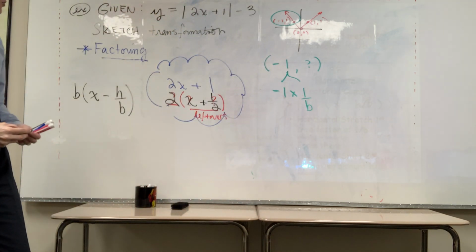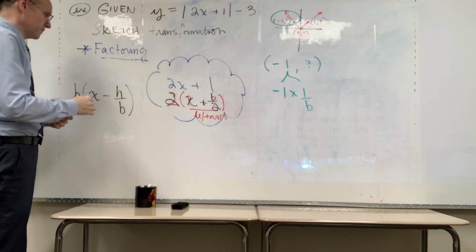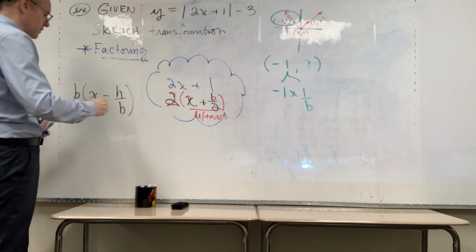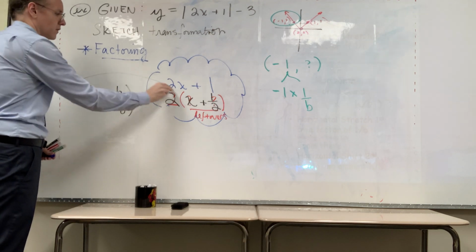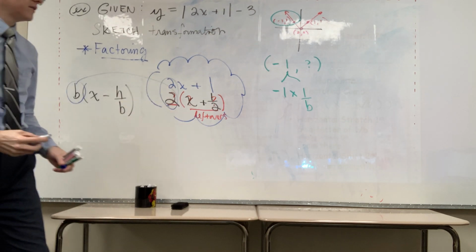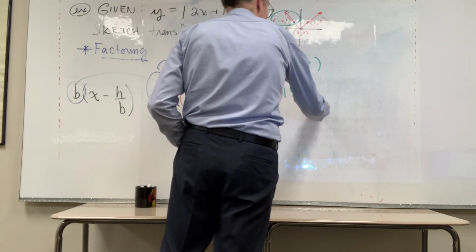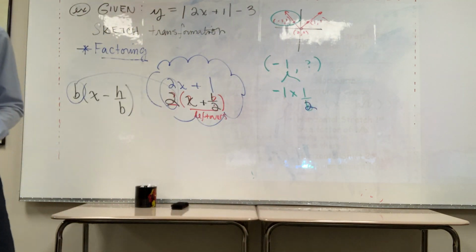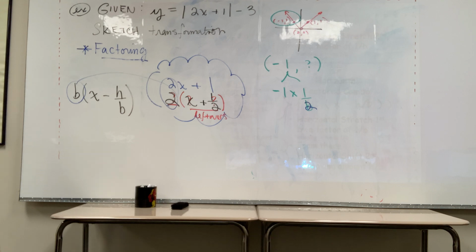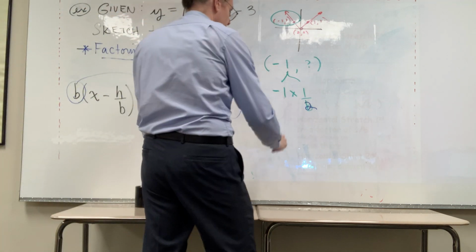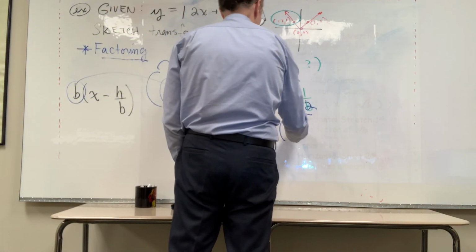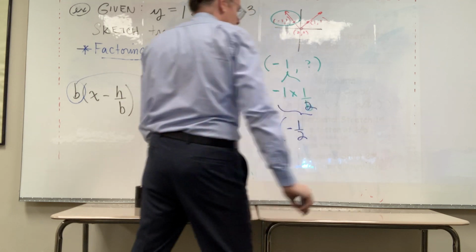So if the b value is 2, then we're multiplying by a half, basically. What's negative 1 times a half? It's negative 1/2.